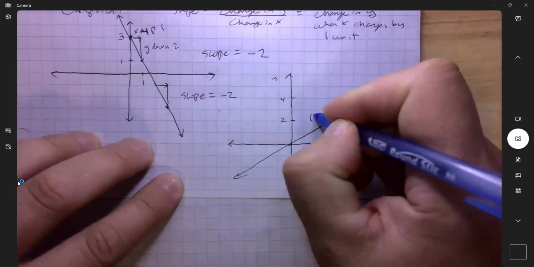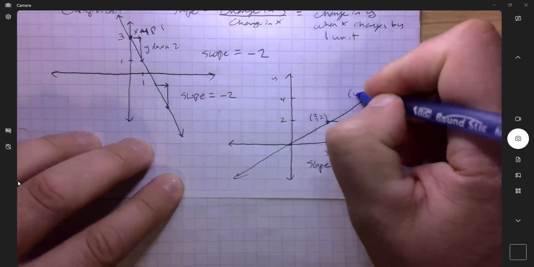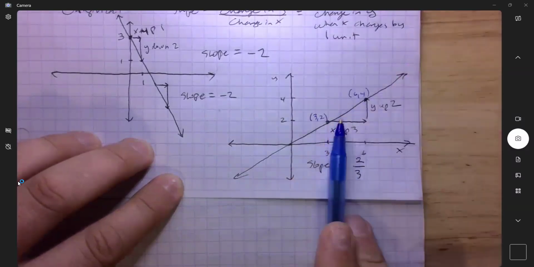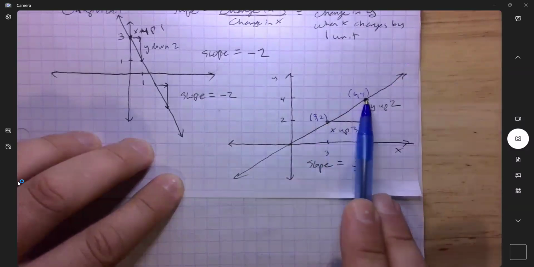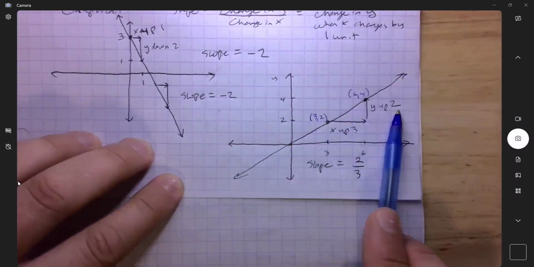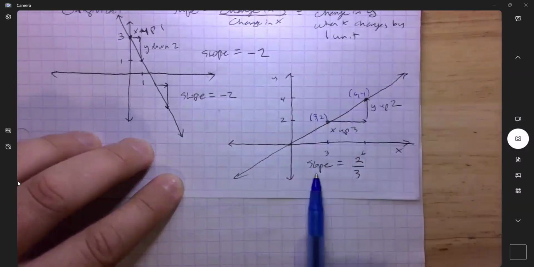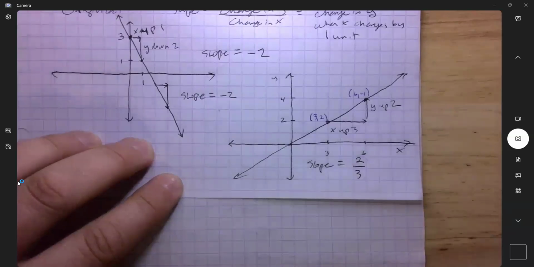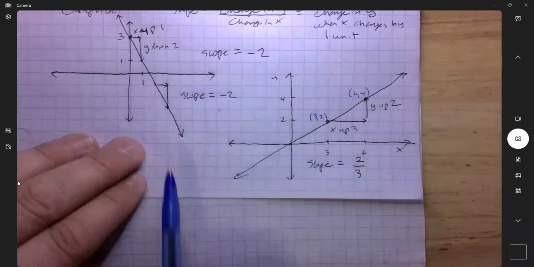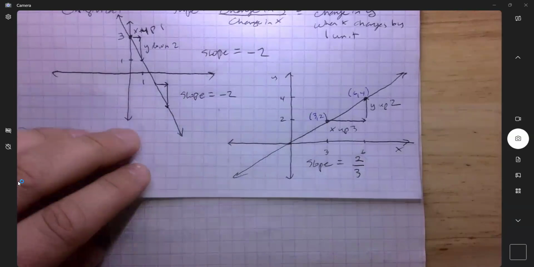This point here is 3, 2. This point here is 6, 4. And so x goes up 3 and y goes up 2. The change in y divided by the change in x, 2 divided by 3, the slope of that line is 2/3. And that's how you pick out the slope of most lines when it's a graphical representation.